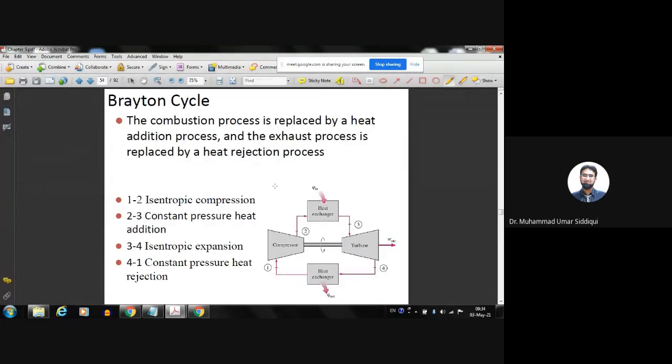The processes within the Brayton cycle are the isentropic compression, then the constant pressure heat addition, then an isentropic expansion, and then the constant pressure heat rejection. These are the four processes that take place inside the Brayton cycle. This is the schematic diagram.